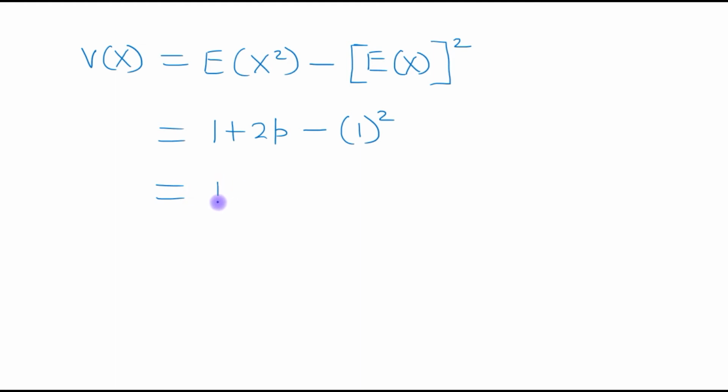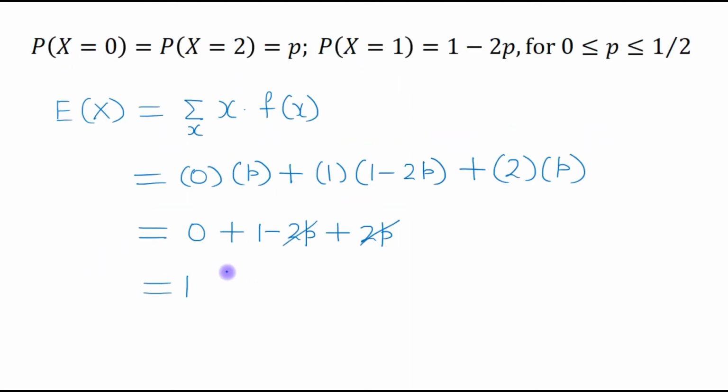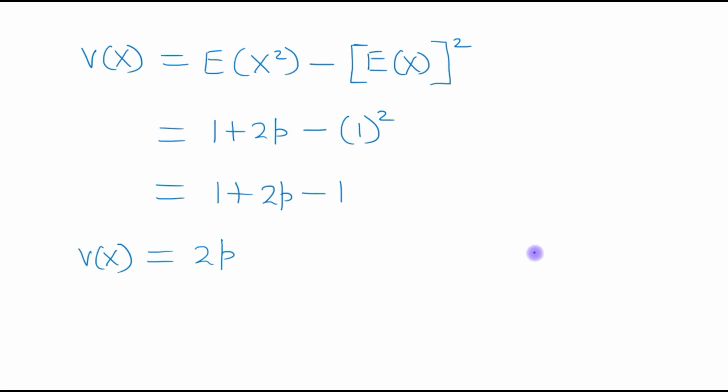In the next step, 1 plus 2p minus 1, 2p. So this is the variance of x. Okay, and the range for p in the question is given in this form: zero less than or equal to p less than or equal to half.